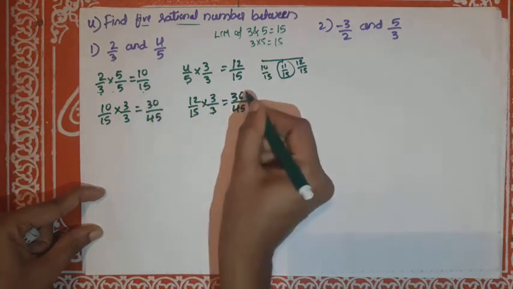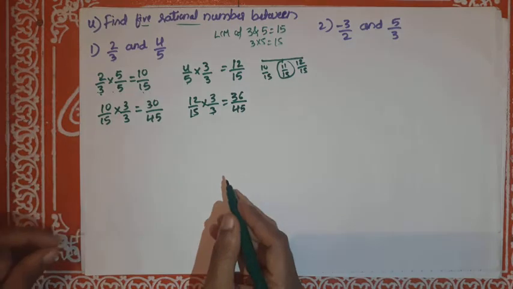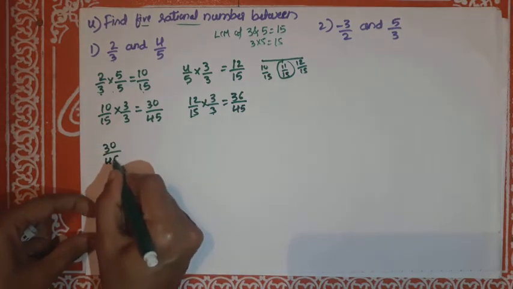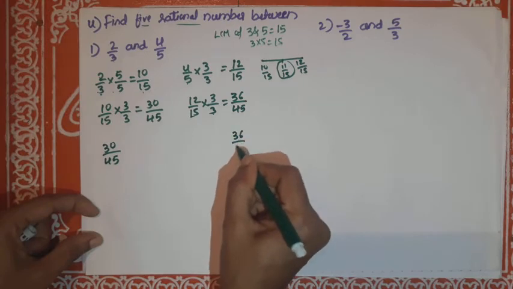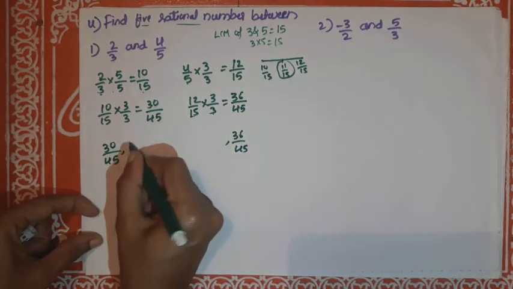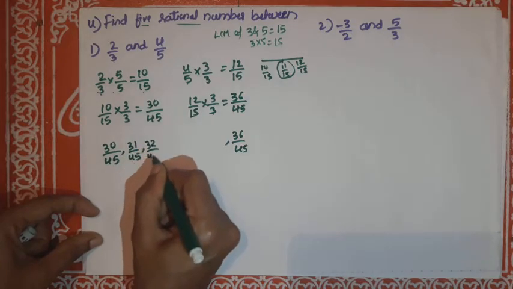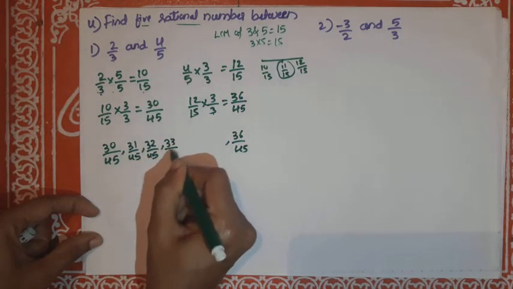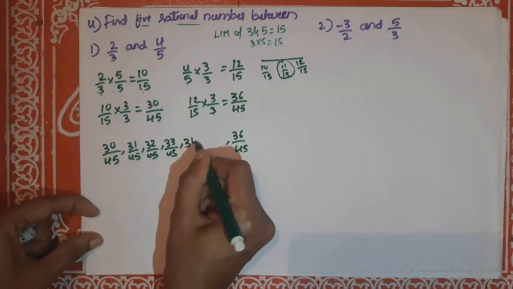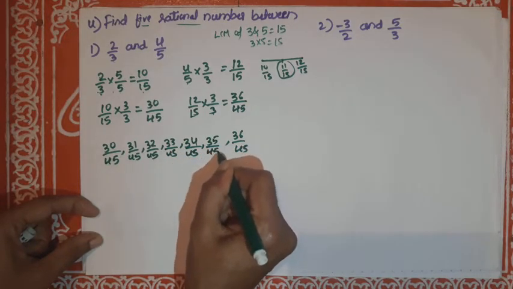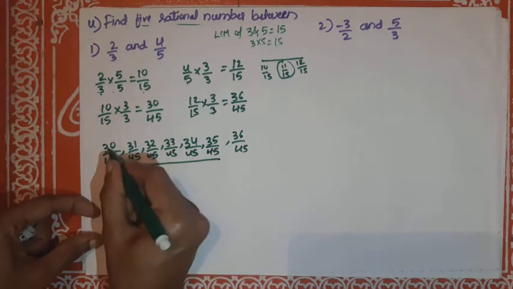So between 30 and 36 we will have 5 rational numbers. See, 30 by 45 and 36 by 45. Between these we have 31 by 45, 32 by 45, 33 by 45, 34 by 45, 35 by 45. These are the 5 rational numbers between these two.